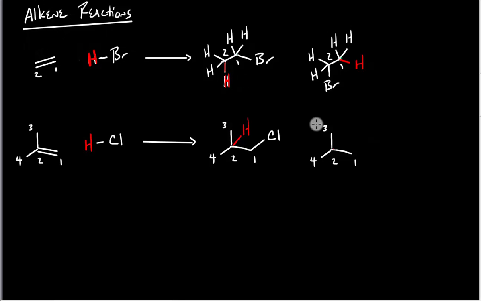So let's go ahead and draw the other potential result, where that red hydrogen could have been attached to 1. And if that red hydrogen was attached to 1, then the chlorine must be attached to 2. And so now, if you compare and contrast, obviously this is a totally different molecule.